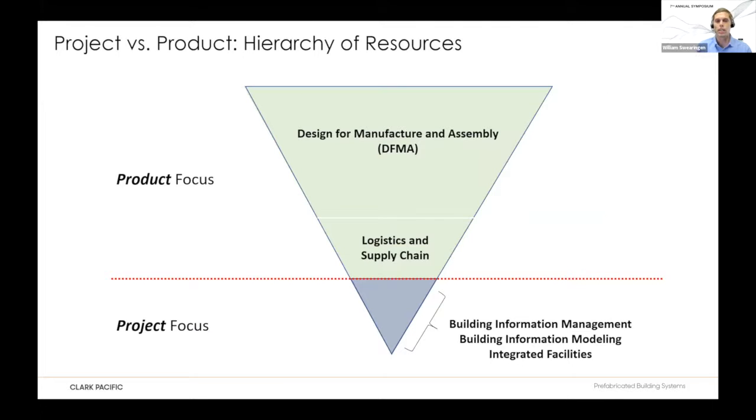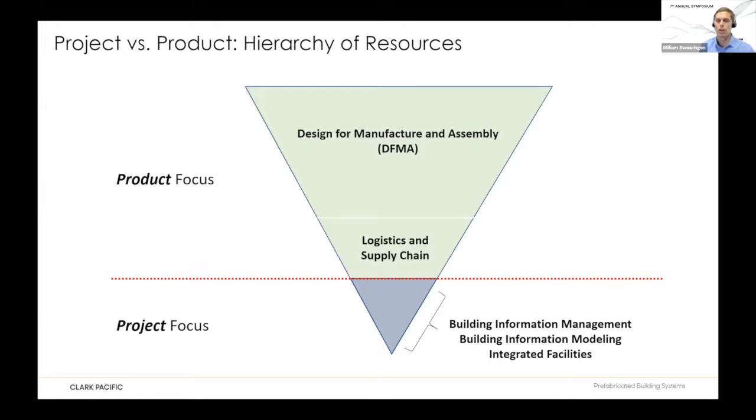If you look at the inverted delivery model from the last slide, with the majority of our resources focusing on products versus projects, a breakdown of what that model looks like is that the majority of our resources from a hierarchy standpoint is focused around DFMA. Below that is understanding our logistics and supply chain, so our entire production system is product-focused versus project-focused.